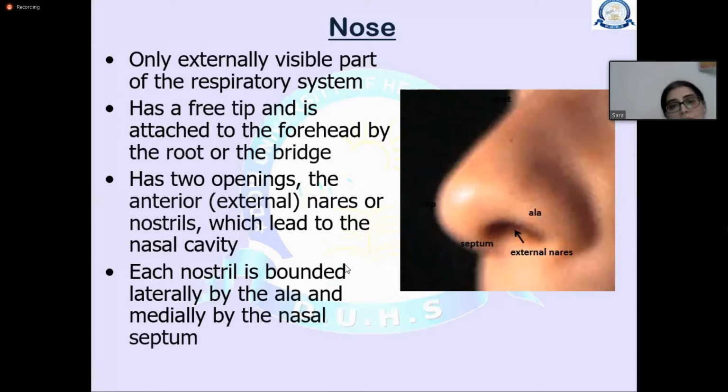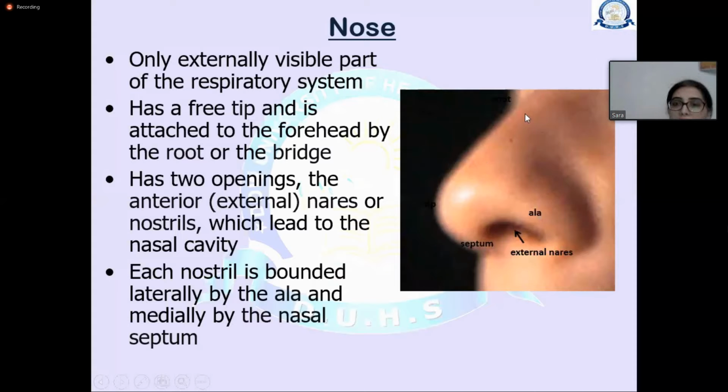Each nostril is bounded laterally by the ala, medially by the nasal septum. Now this part, that is the external nare or the nostril, has a curved structure which covers it onto the lateral aspect, and in the midline you have another strip which is the nasal septum. So this curved part becomes the ala, and this is the nasal septum.